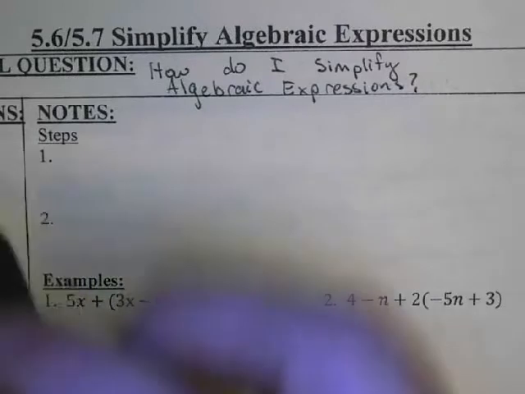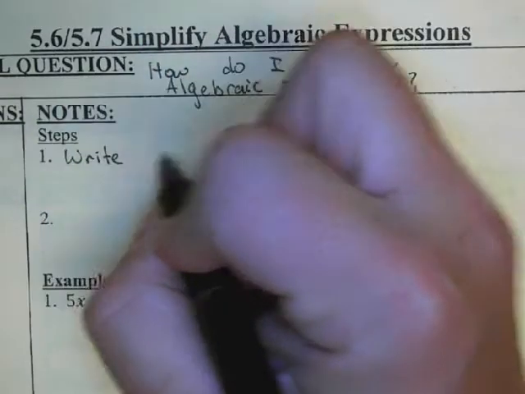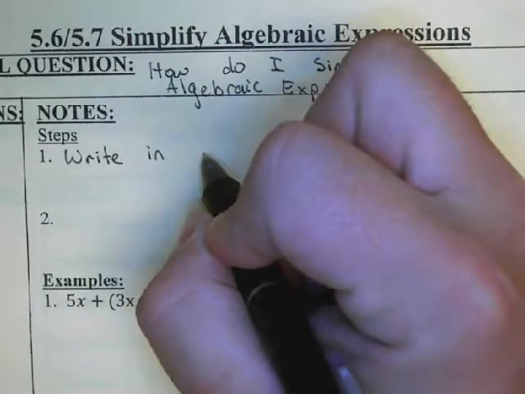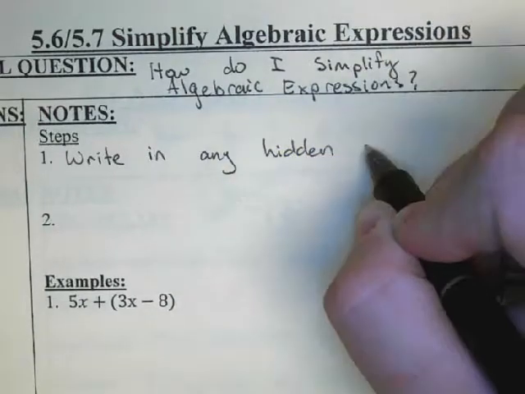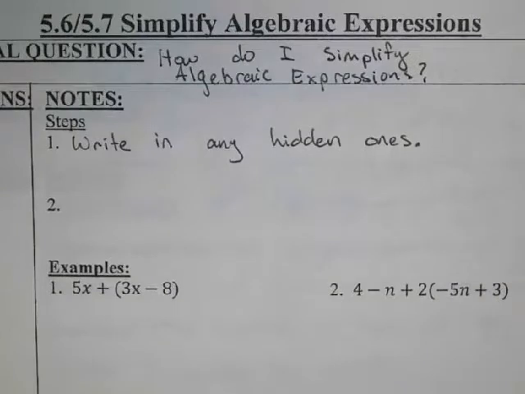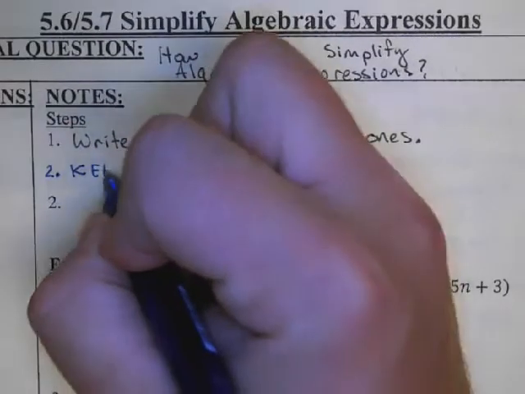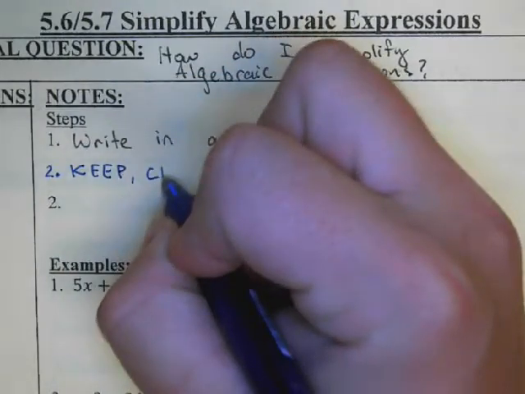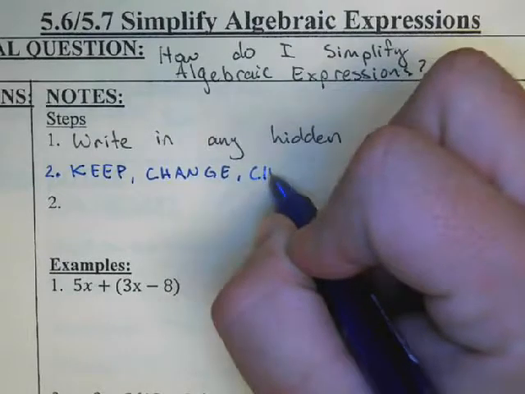The first thing, step one, I want to do is write in any hidden ones. So that's our first step. Then we'll do our second step right below it. This will be our keep, change, change.